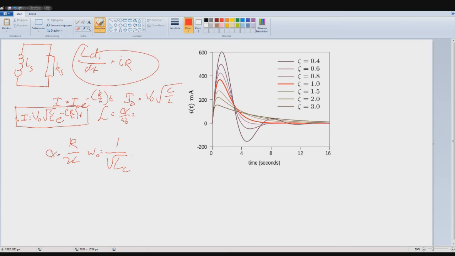So when you fill this into each other, you get something that looks like LC. Yes, I think that's correct.